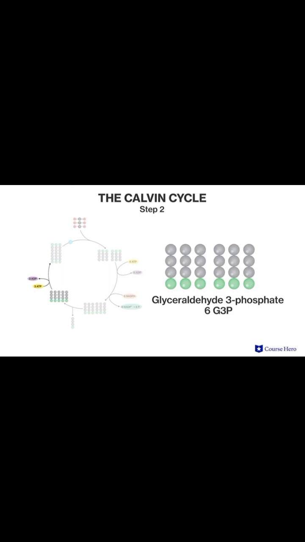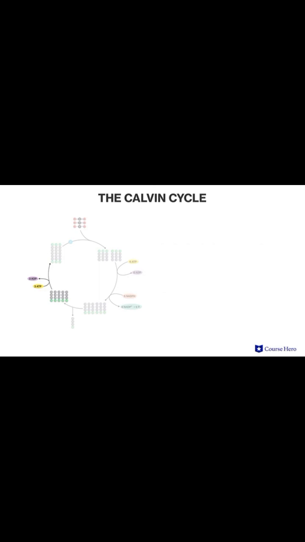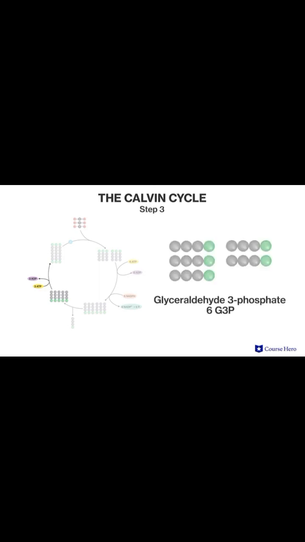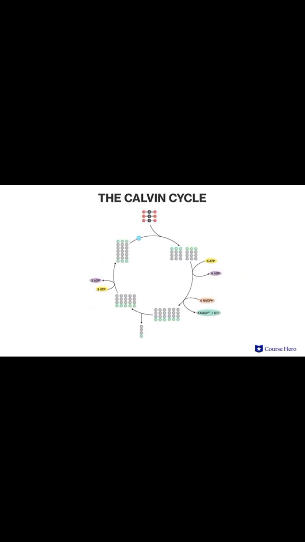One of these G3P molecules exits the cycle and will be used as the starting material to make other organic compounds such as glucose and other carbohydrates. The remaining G3P molecules get recycled into RuBP and the cycle repeats. It takes 6 turns of the cycle to make 1 molecule of glucose.